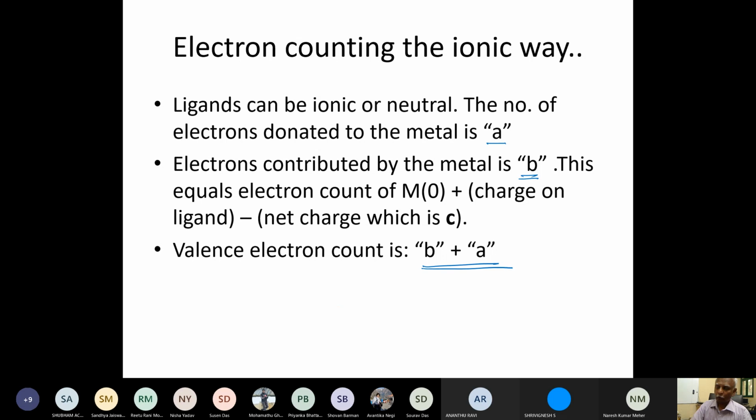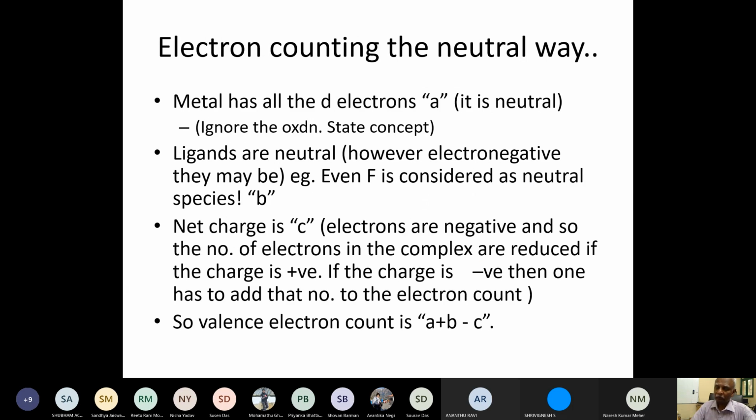B in this case was 0 in the previous example. But if I have a net charge on the molecule, then I should subtract electrons if I have a plus charge. I should add electrons if I have a negative charge.